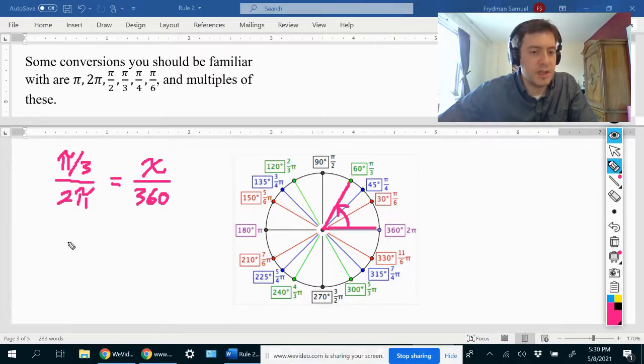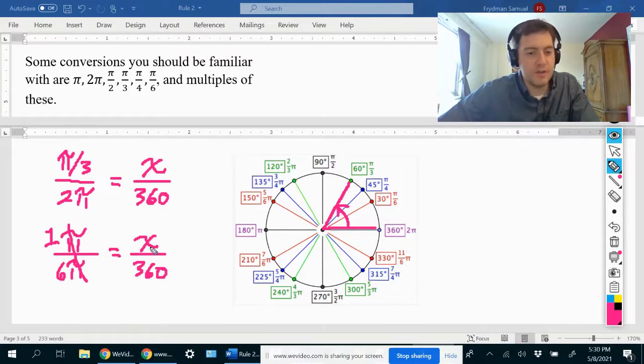So I can rewrite this as pi over, and then 3 times 2 is 6. So this is the same thing as 6 pi. So pi over 3 over 2 pi is the same thing as pi over 6 pi. Then I have equals x over 360. The pi's cancel out, so I have really just 1/6 is equal to x over 360.